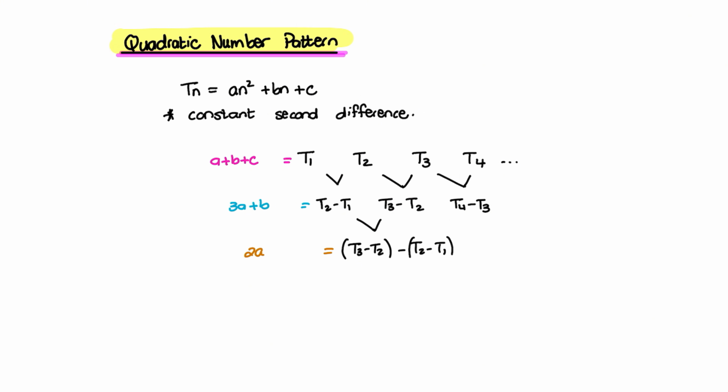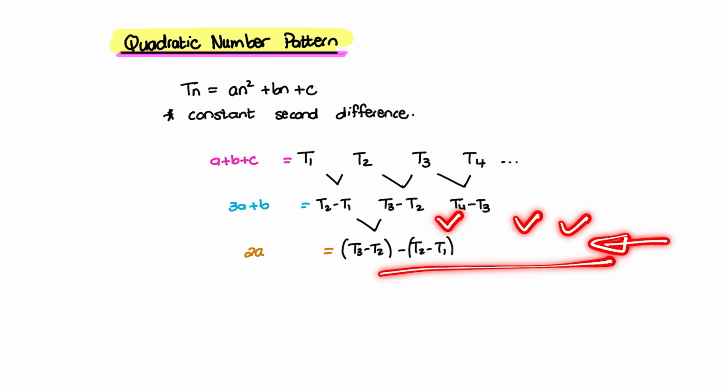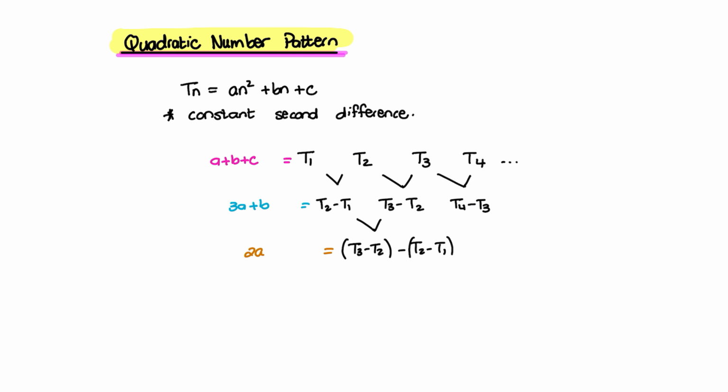But to get to the second difference, I need to take term 3 minus term 2 and subtract term 2 minus term 1 from that. That is now our second differences. Now all of these values in this line would be consistent for a quadratic number pattern.